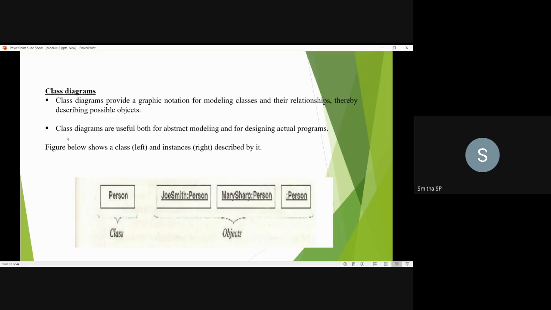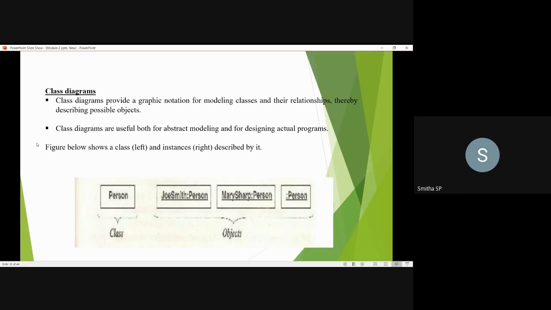The figure shows class diagrams, which describe the classes and the relationships between the classes. They describe the objects in the class. Class diagrams are useful both for abstract modeling and for designing actual programs.